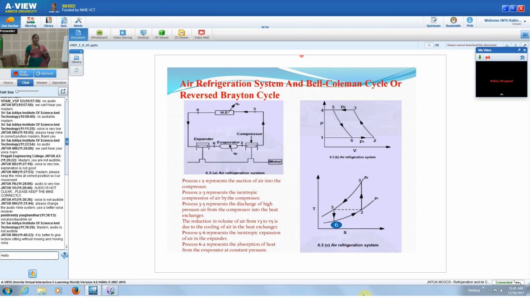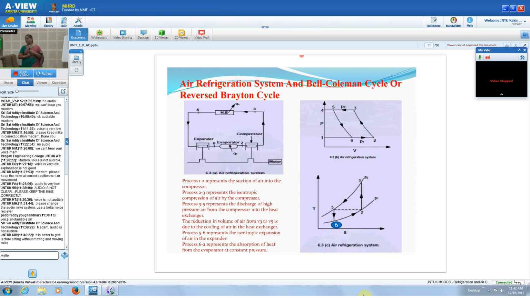Process 5 to 6 represents the isentropic expansion of air in the expander. Process 6 to 2 represents the absorption of heat from the evaporator, which is assumed to be a constant pressure process. Constant isothermal heat rejection is always difficult compared with the isobaric process.